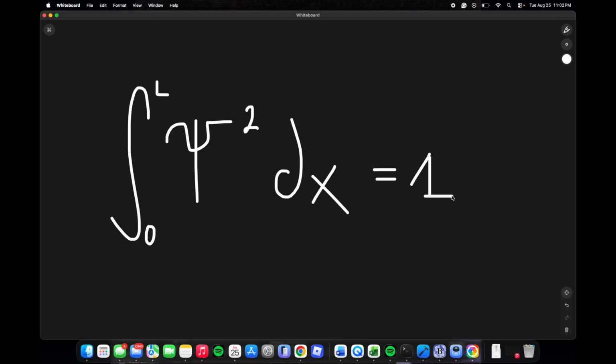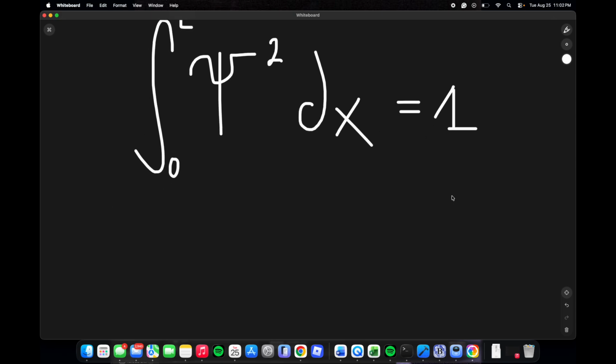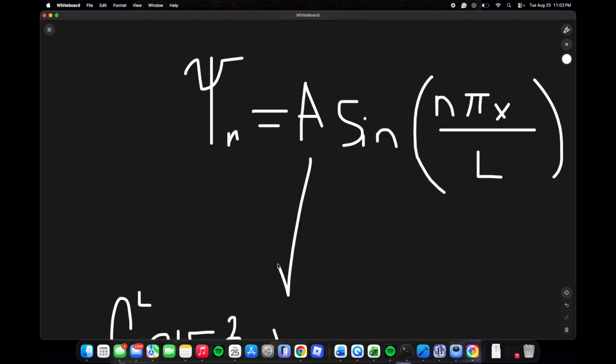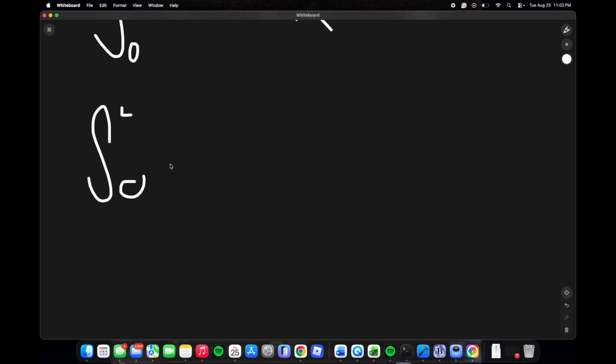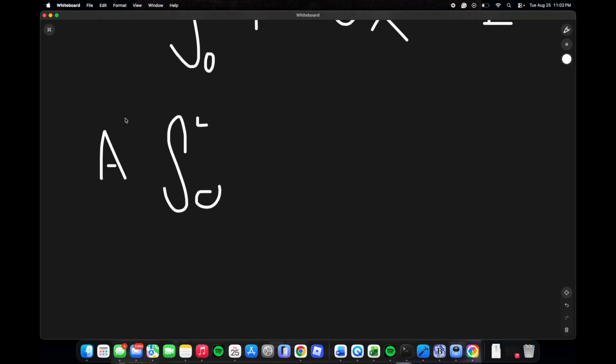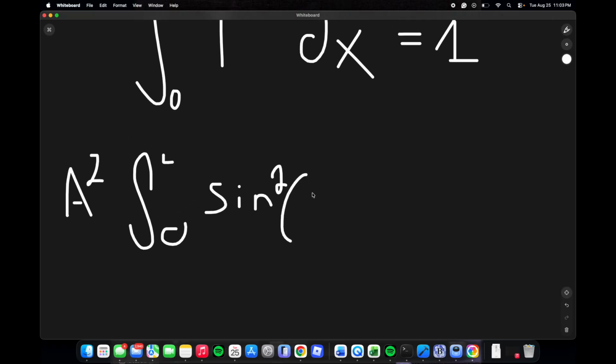Okay? So if we have this generic form and we plug it in, what we're going to find is the integral from 0 to L of A squared, I'm just pulling out the A there, sine squared, and remember the inside doesn't get affected here, n pi x over L, dx.